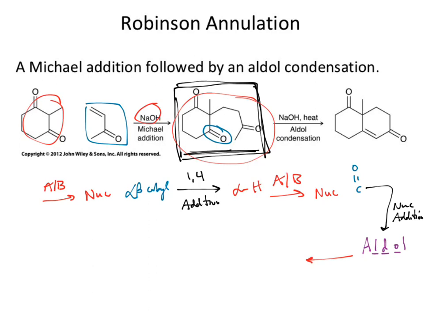The condensation, which is what type of reaction? An elimination. What did I eliminate from the structure? Water. Okay, so we did a nucleophilic elimination to get us our final aldol condensation product.